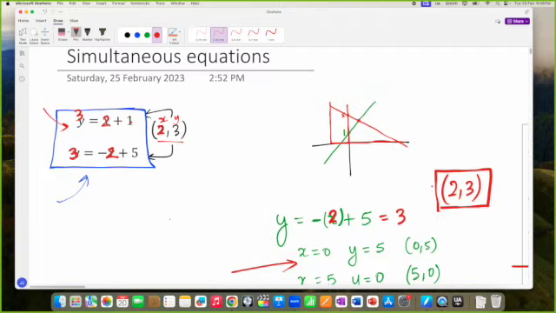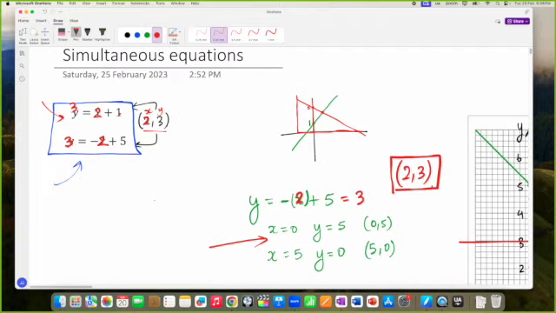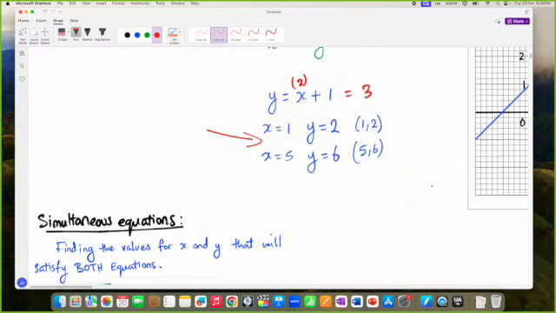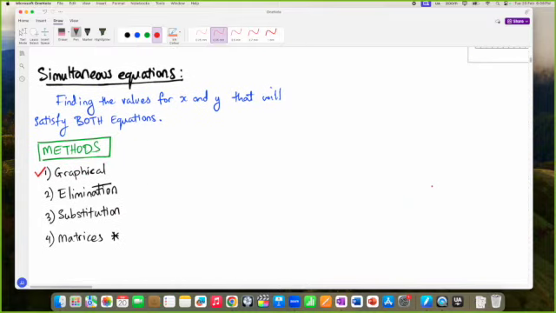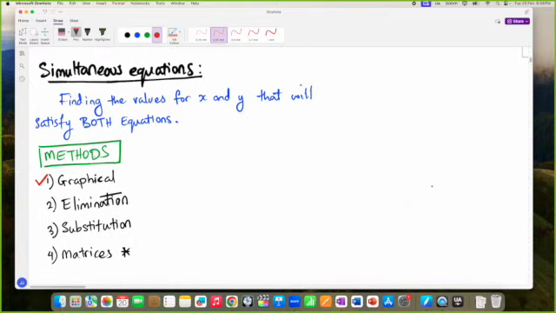As I say, you don't really need to write this down, but we are getting to the writing here. We're talking about simultaneous equations. That is, you're given two equations and you're finding the one point where the two equations intersect, so finding the values of x and y that will satisfy both equations.